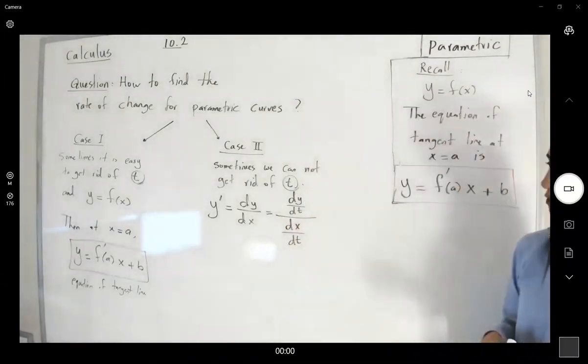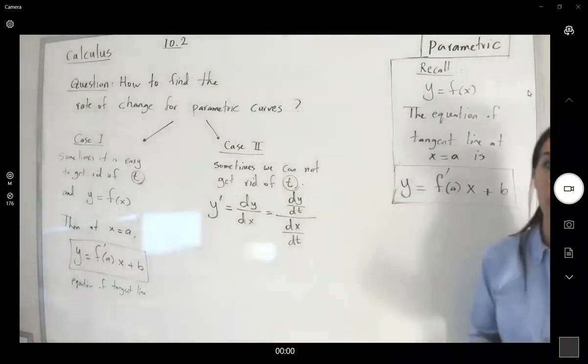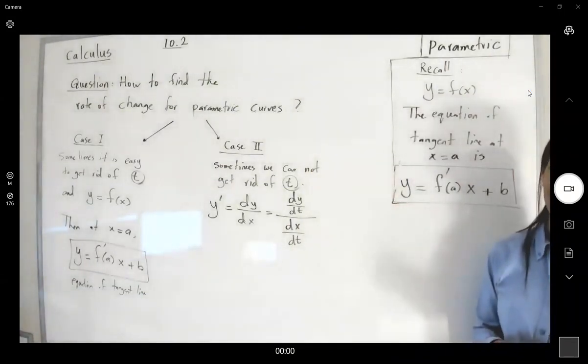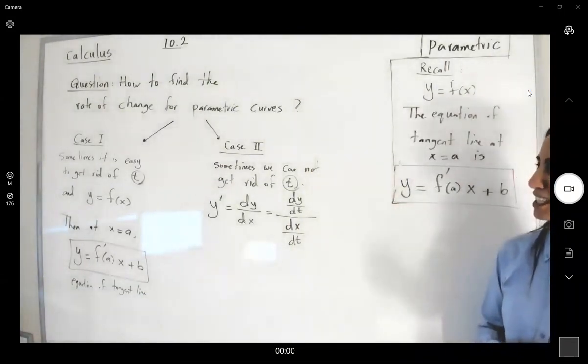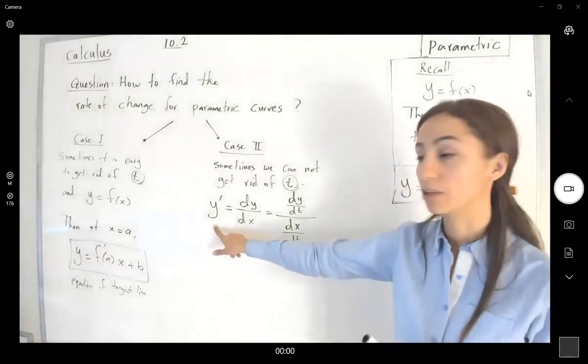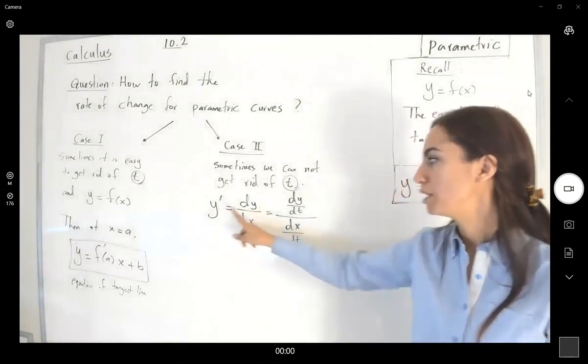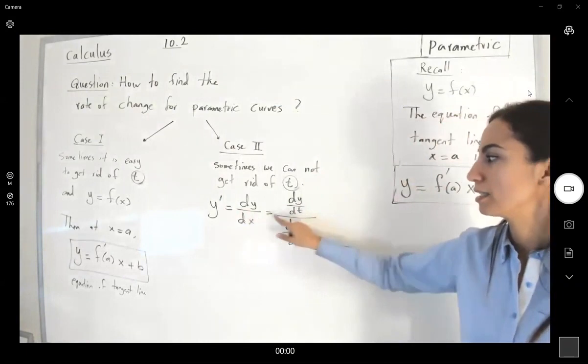In this case, we plug in the values and find the rate of change, then follow the formula for the tangent line.